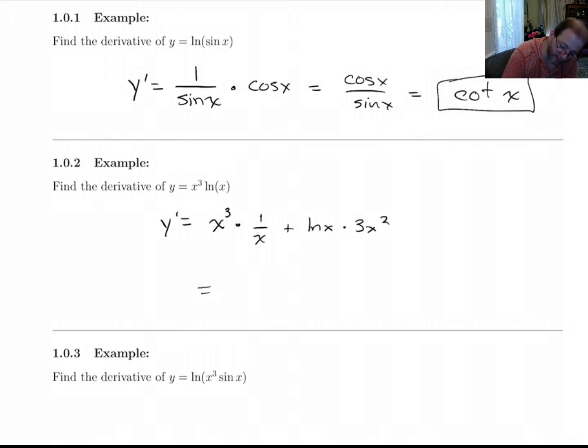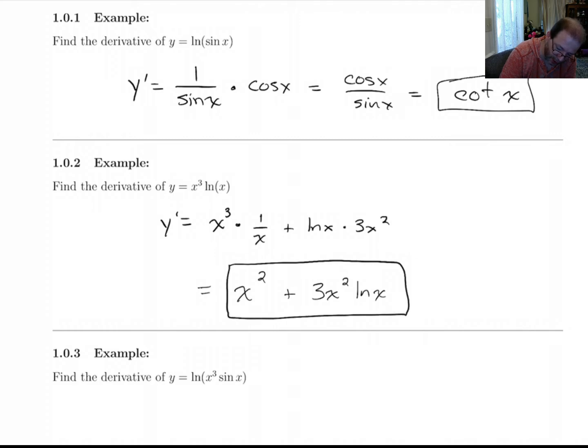Now this first term we can cancel an x, and we're left with x squared plus, I'm going to write this as 3x squared ln x. That's the best way to write that, because if you write ln x 3x squared, and you don't put a dot or parentheses or something, there might be some confusion about where the natural log ends. So it's good to put the 3x squared on the front there.